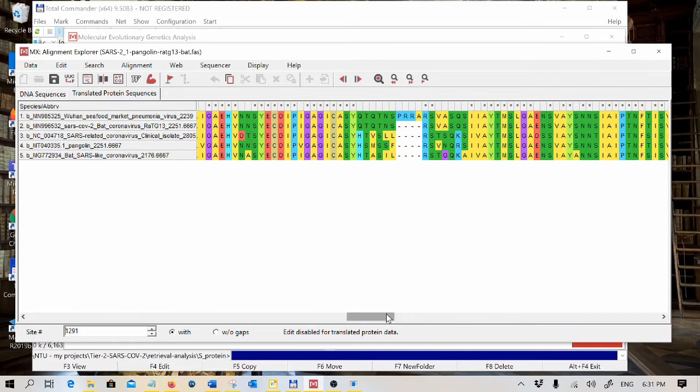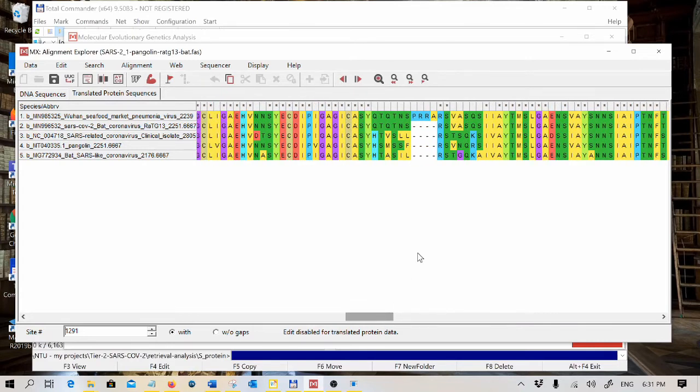Here it is. So we observe this insertion, PRRA, only in the SARS-CoV-2 S protein.